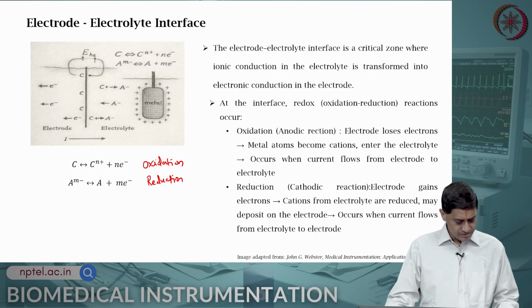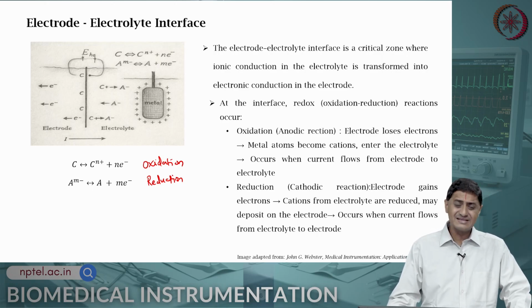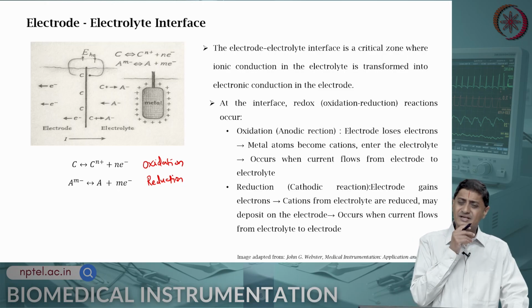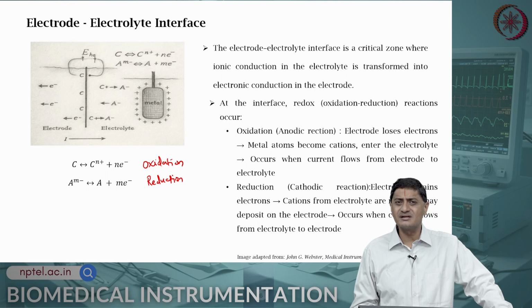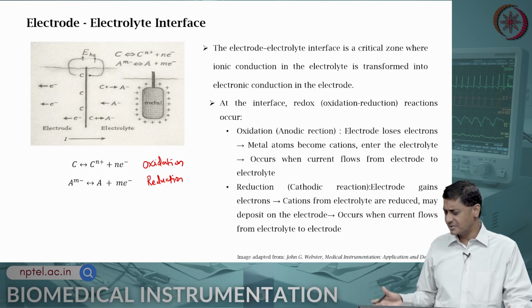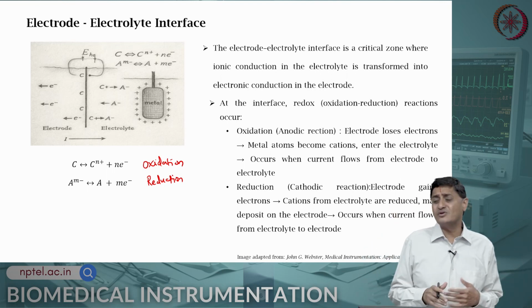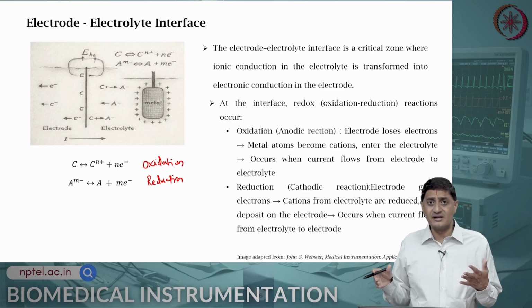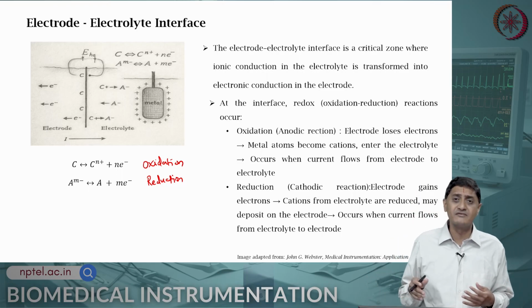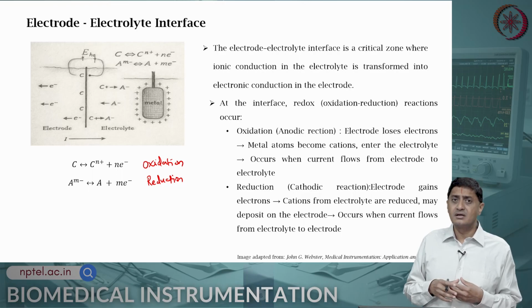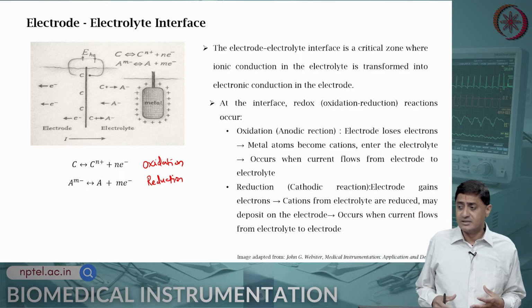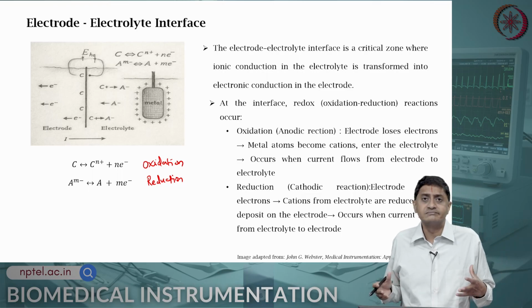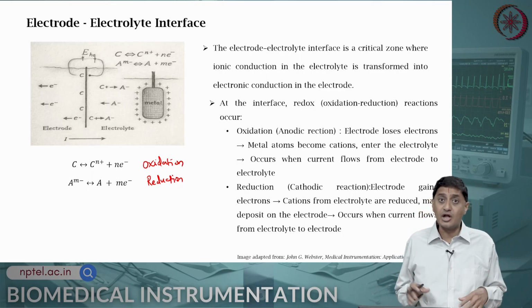Okay. So, this conversion from ionic current to electronic current can be considered somewhat similar to, for example, a foreign exchange. Let us say you are at an airport in an international destination. You would like to convert your currency to that country's currency. For example, you are interested in converting rupees to dollars or dollars to rupees.